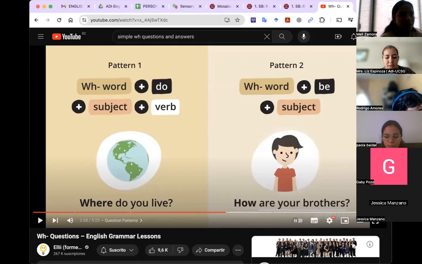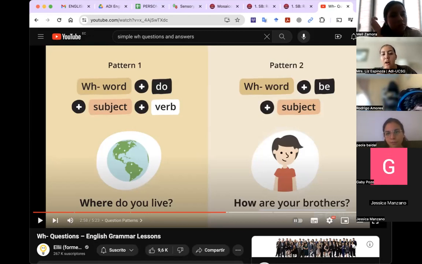If you separate it, you have am, are, is for the word Amadeus, right? Am is used with first person, like I am a teacher. Second person, are, you are students.